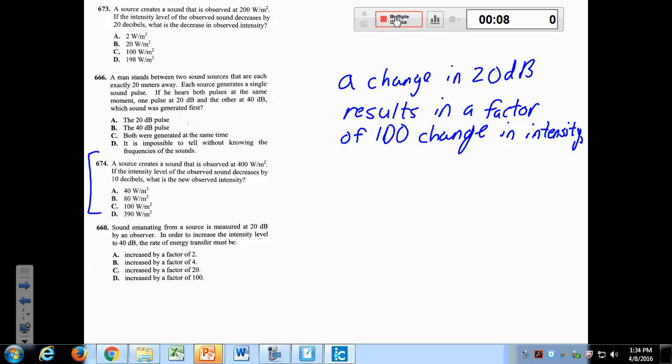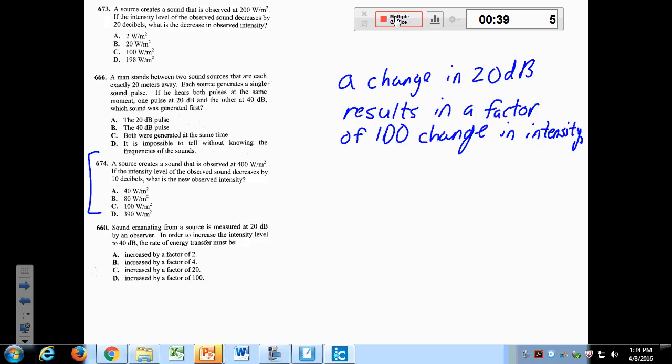So what must happen to the rate of energy transfer? That's your power. It goes from 20 to 40. What happens to my rate of energy transfer? Okay, look.